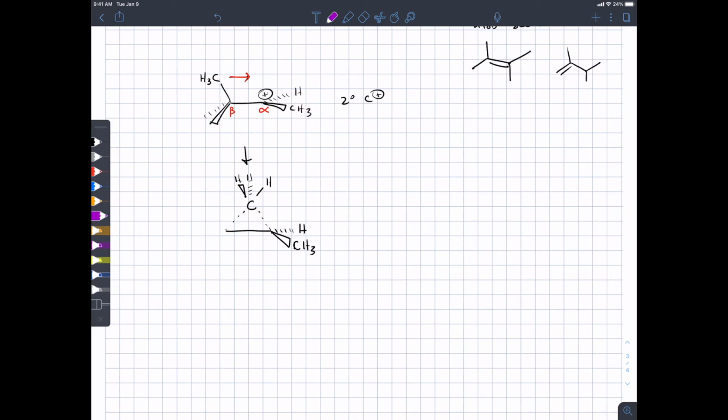For the sake of our discussion, we'll call this carbons 1 and 2. Partial pi bond character here, positive charge, and then it continues to lean. Here's our carbonium ion. It may be a transition state, it may be an intermediate. Keeps leaning.